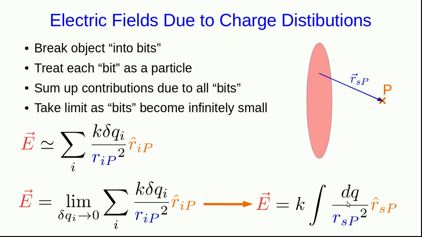And I will note that there are some notationally important things going on here. We were summing over a discrete number of bits that we could index with some index i. And so this i was labeling each piece and the r vector associated with each piece.